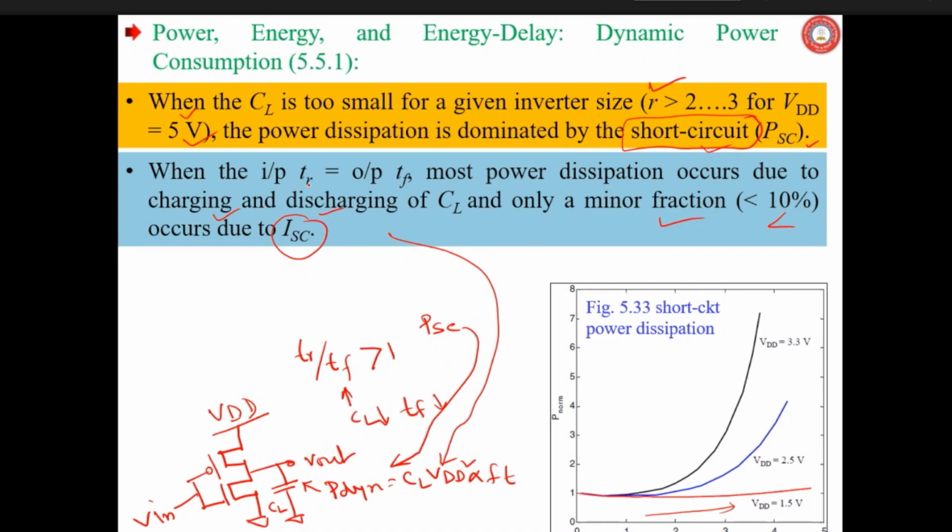When input TR equals to output TF, most power dissipation occurs due to charging and discharging of CL, and only a minor fraction, less than 10%, occurs due to ISC. So this all is giving some idea.